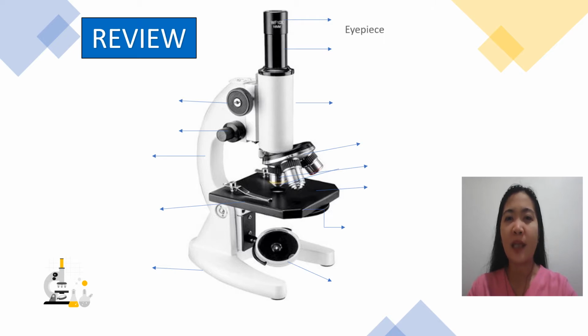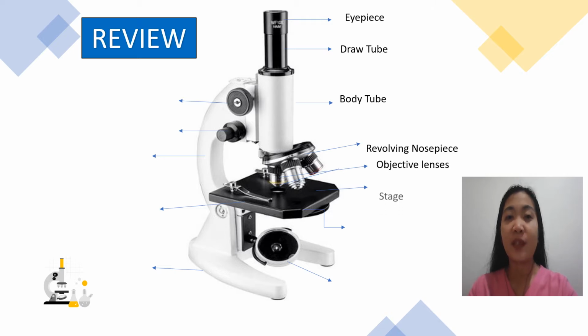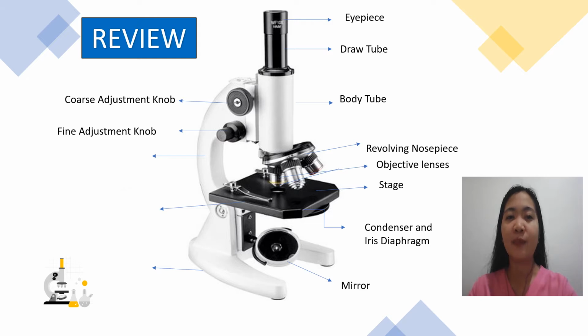A microscope has an eyepiece, draw tube, body tube, revolving nosepiece, objective lens, stage, condenser and diaphragm, mirror, coarse adjustment knob, fine adjustment knob, arm, stage clips, and the base.